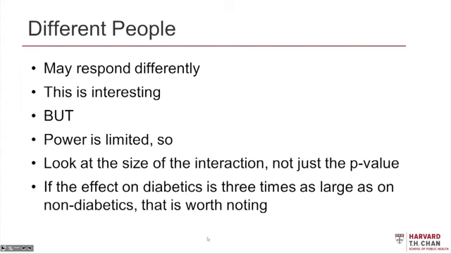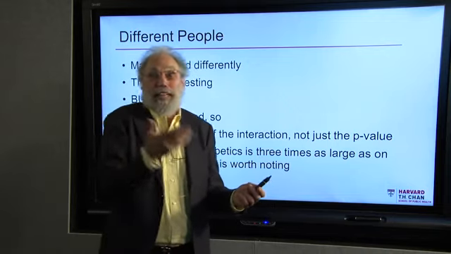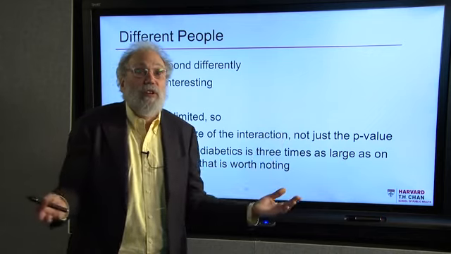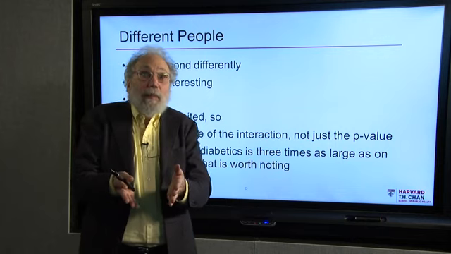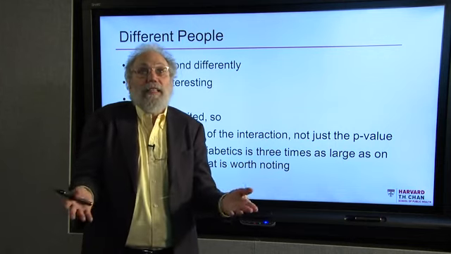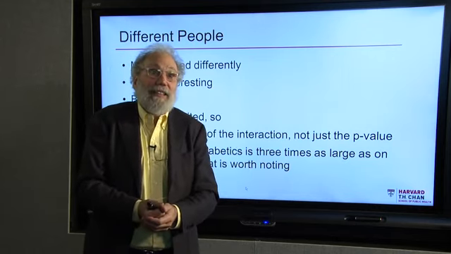Now, the reason we're interested in this is that different people, in fact, respond differently to things. There's this huge interest in personalized medicine, right? How do I find out that different people respond differently to things? I need to look at effect modification. So, for example, there's this not terribly good drug for lowering blood pressure in the general population, which turns out to be much better in lowering blood pressure in African Americans, presumably because of some differences in genetics.